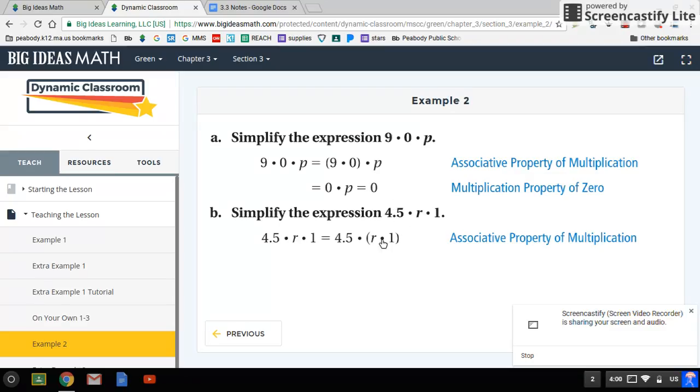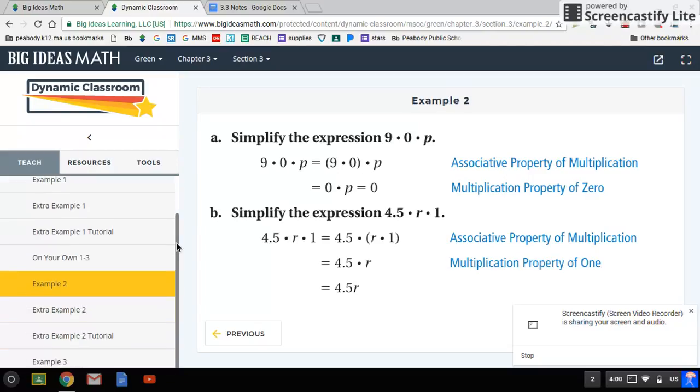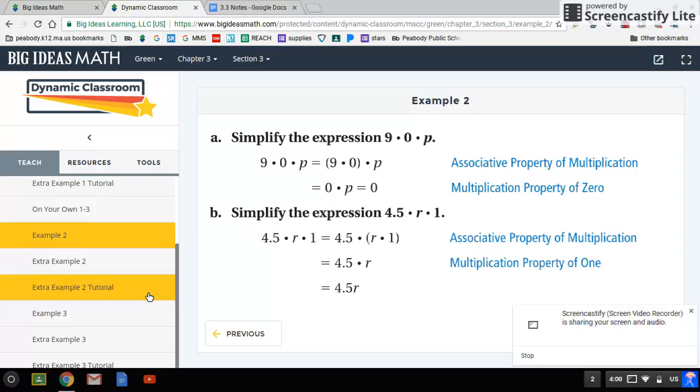And now they switched them to the r and the 1. And then they're doing 4.5 times r is your final answer. Anything times 1 is itself. So r times 1 is r, and then r times 4.5 is 4.5 times r. You can write it just like a letter next to a number like we've been talking about. So that 4.5 really just becomes the coefficient again. Numbers only become coefficients when you're doing multiplication.